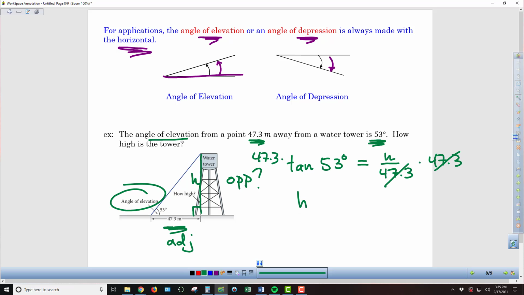So that leaves me with h equals 47.3 times the tangent of 53 degrees. And so now I'm ready to move to my calculator. And so if we do 47.3 times the tangent of 53 degrees, we end up with an answer of 62.8 meters if we round off to the nearest tenth. So we've got a pretty tall water tower there.